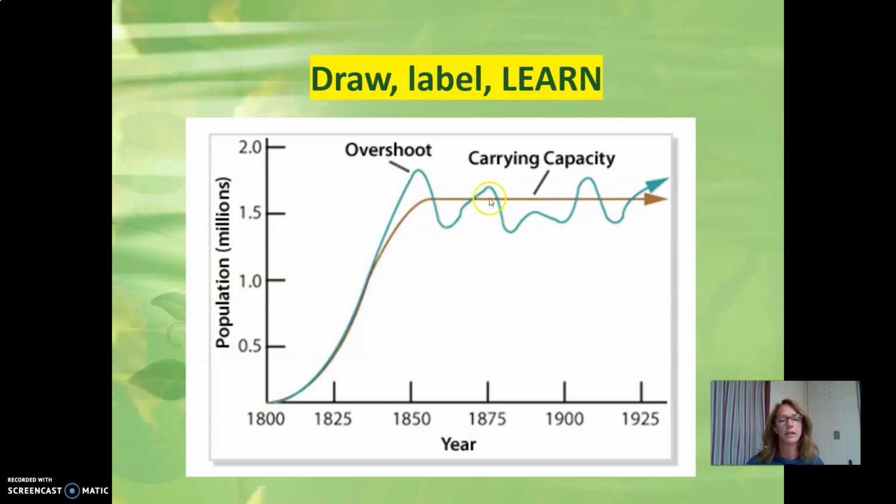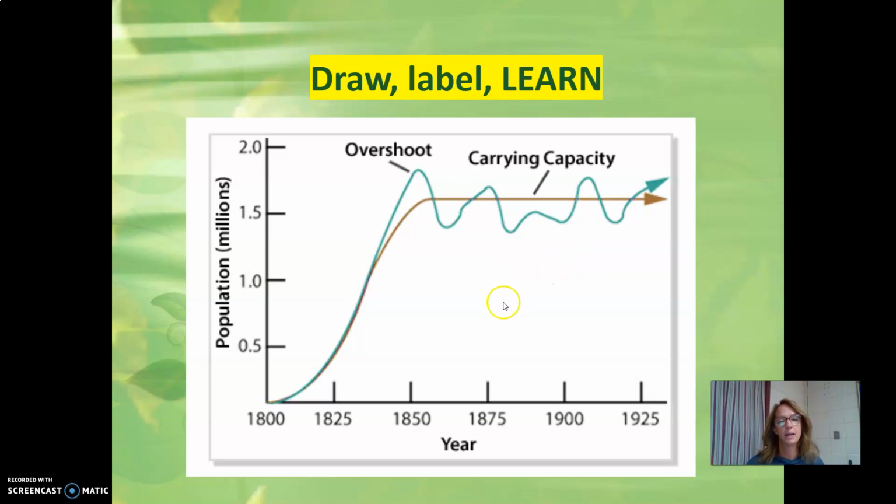The orange line on here is what we added to the graph to show that average carrying capacity through that fluctuation. So this is how really any organism in our environment will fluctuate.